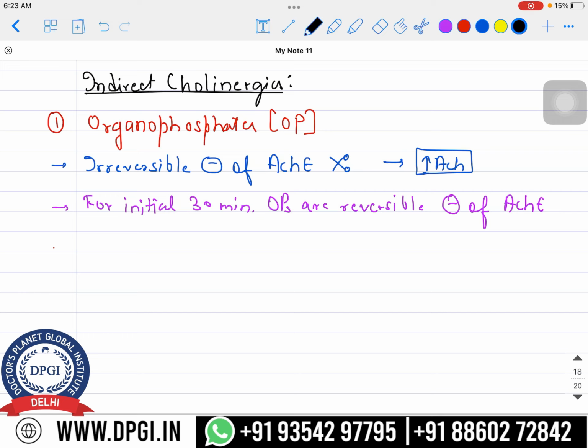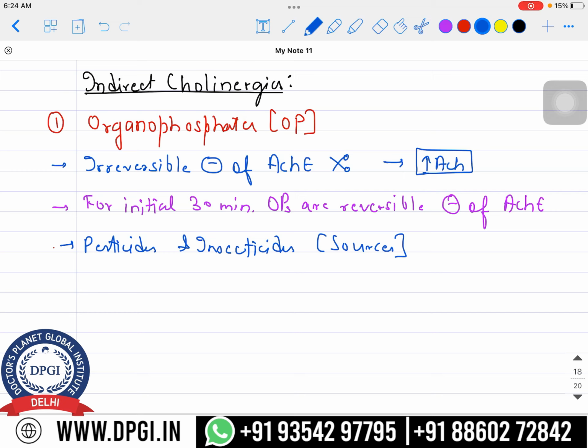These can be present in pesticides and insecticides, which are the common sources of organophosphate. Mostly farmers work in the crop fields and spray these insecticides on their crops.